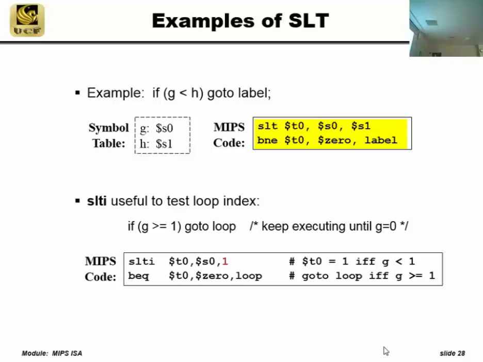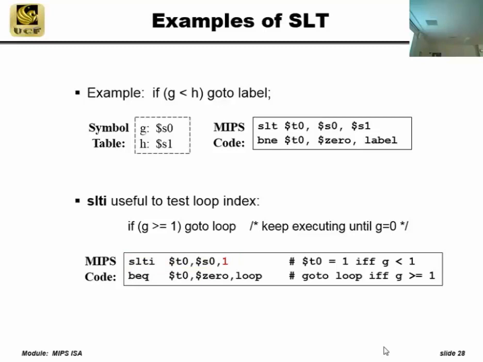Maybe it's easier to see it this way. Suppose you want to test for the less than case, and then skip. $t0 gets set, and I'm going to check if $t0 equals 0, which means it was not less than, which means it was greater or equal.